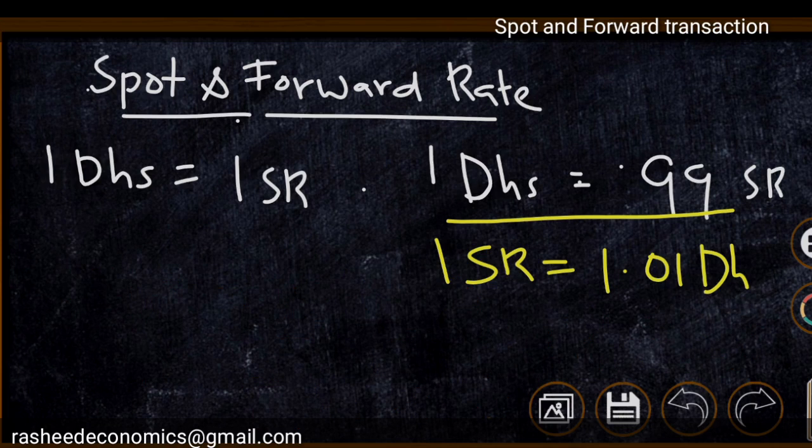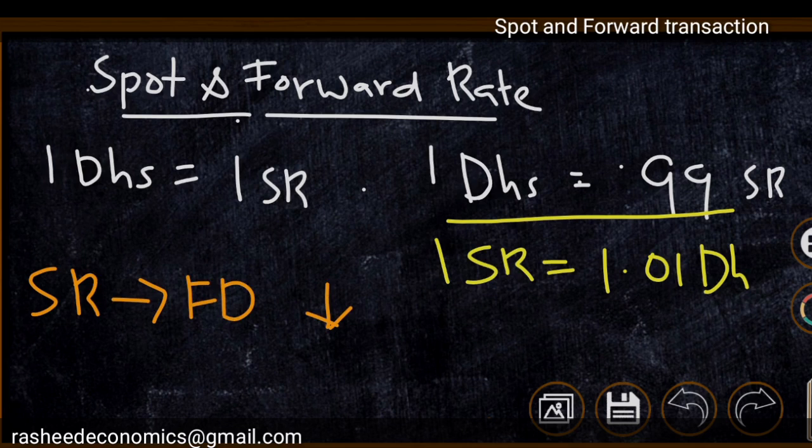The existence of forward discount or forward premium depends upon the increase or decrease in the exchange rate. Here we have said that the Saudi Riyal has a forward discount because its forward rate is decreasing, and the dirham has a forward premium because its exchange rate is increasing.